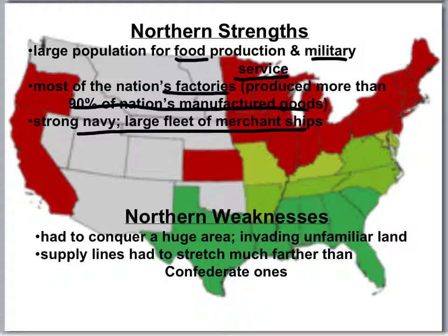Okay? The North has to conquer a huge area. All right? So they're not necessarily protecting their border. The threat of the South invading them isn't so great. But they have to go and conquer the land in the South, which means every time they have a battle, they have to leave men behind to hold those positions.